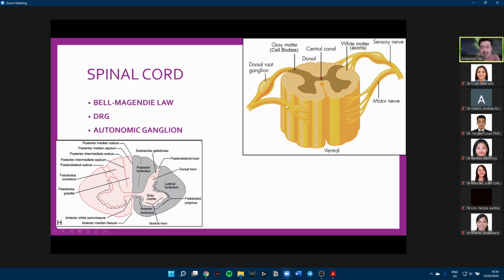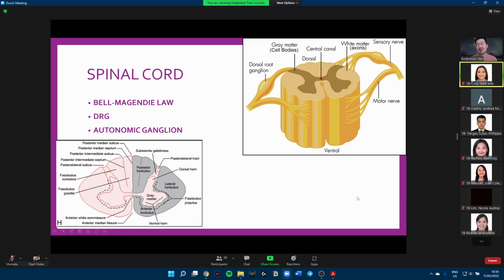Pag somatic nervous system, one neuron pathway, effector organ agad. Pag autonomic nervous system, this is a center, preganglionic. The autonomic ganglion is the ganglion, then postganglionic, then to the effector organ. Autonomic nervous system, the autonomic ganglion. Pero hindi lahat ng segments meron autonomic ganglion. Pero all segments would have the dorsal root ganglion. Okay? See, ganglion, they are a group of cell bodies found outside the central nervous system. Are we clear?